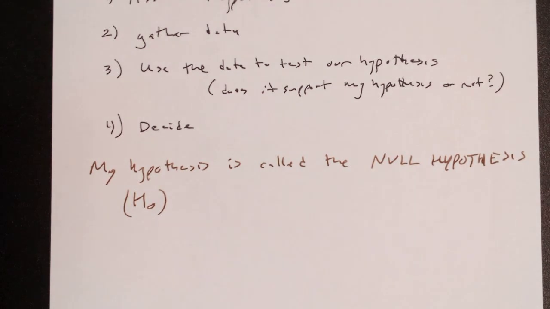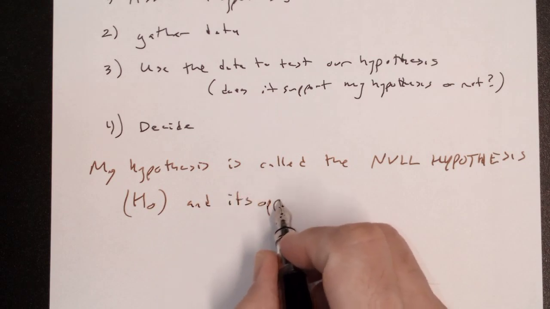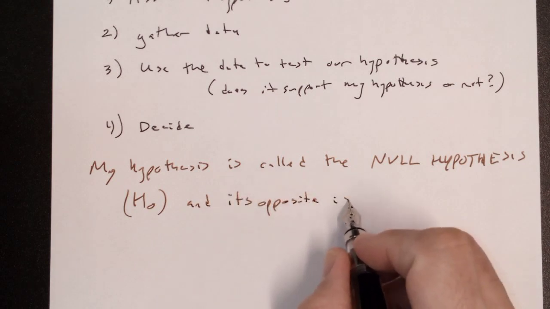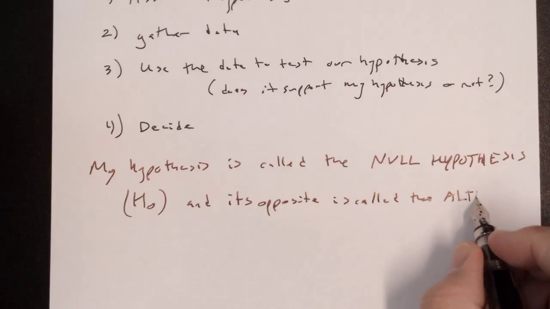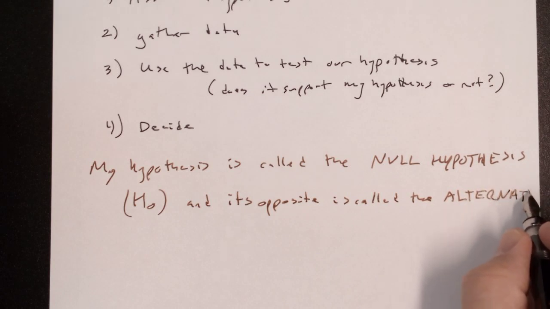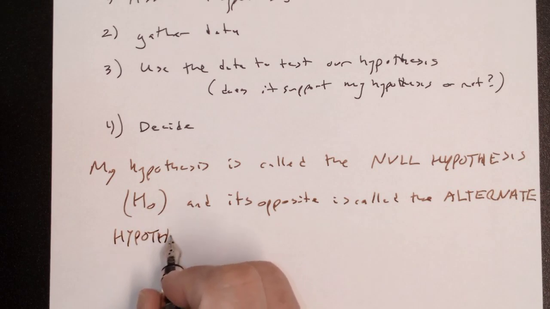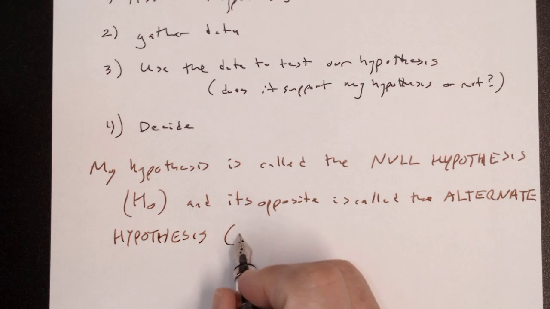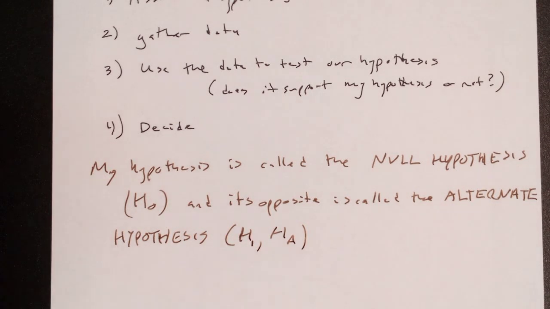And its opposite is called the alternate hypothesis. Now, some books use H1, some books use HA for that. This textbook, I believe, uses H1.